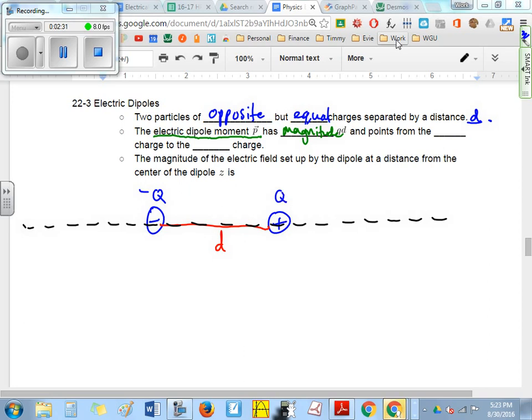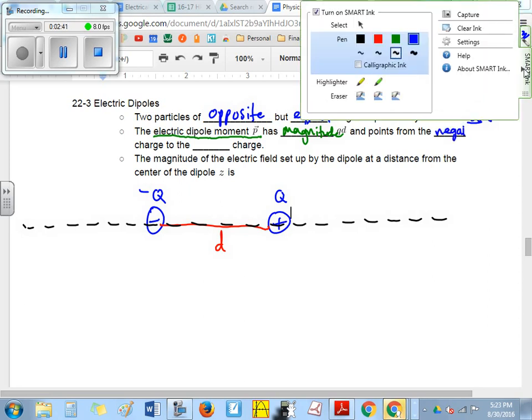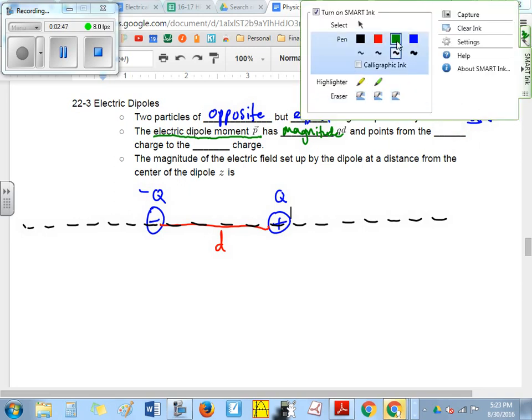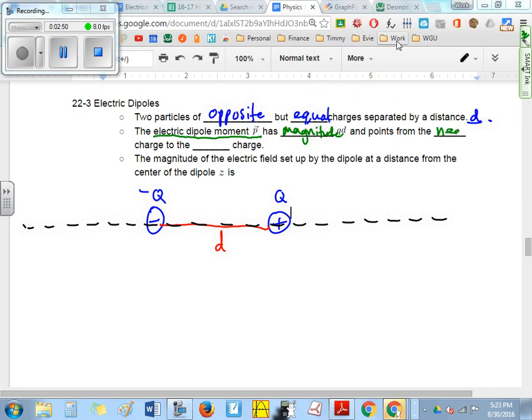They're both the same charge, so you take one of the charges times d, and that gives you the magnitude of P. It always points from the negative end to the positive end, which flies in the face of the idea that fields point out of positive things.